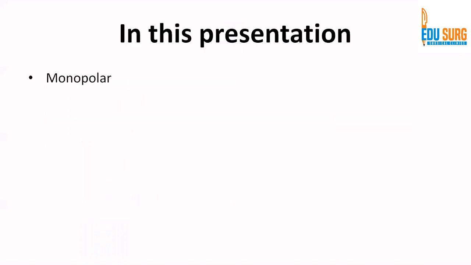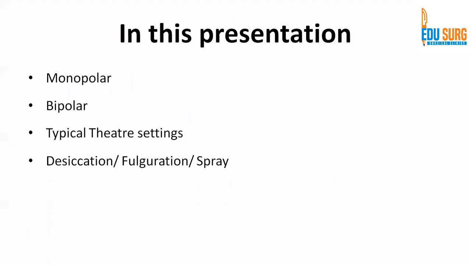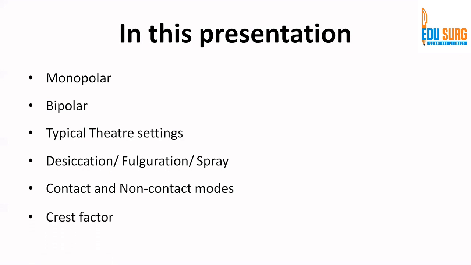So in this presentation, we have seen application of monopolar electrosurgery, bipolar electrosurgery, the typical theater machine that we use and the settings on that machine and what they mean. We have seen the terms like contact and non-contact modes of monopolar electrosurgery. And we have seen terms like fulguration and spray and how their crest factor helps you in selecting different modes when hemostasis is required.